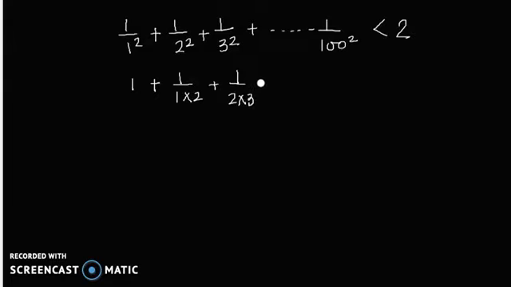Let us take one more term, 1 by 4 square. That will be less than 1 by 3 times 4. And following the similar pattern, we can say 1 by 100 square is less than 1 by 99 times 100.